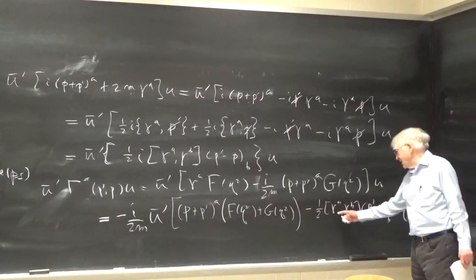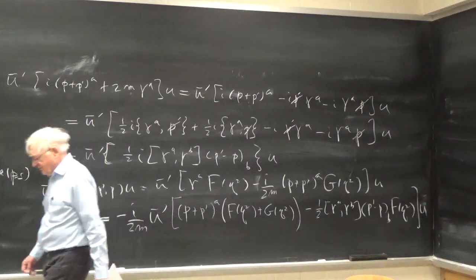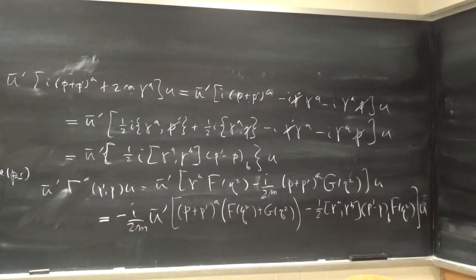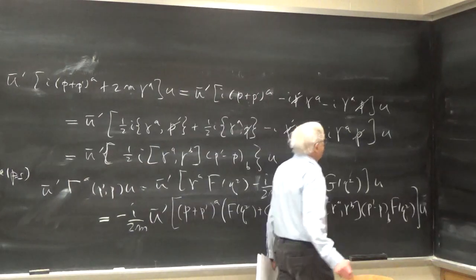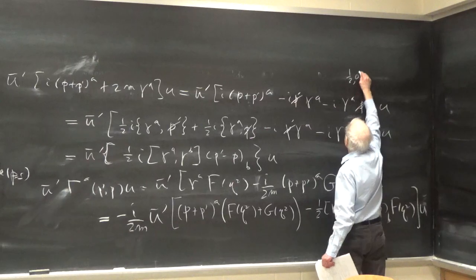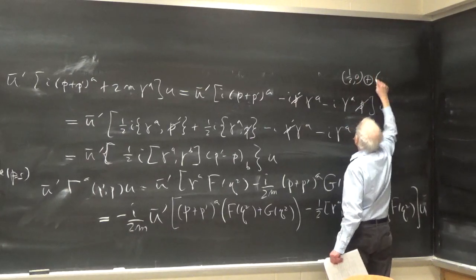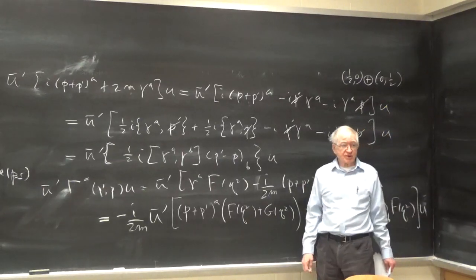Now this commutator of γ^A with γ^B, if you remember from Weinberg's chapter 5, is what the generators of the Lorentz group look like in the Dirac representation, which is the (1/2,0) plus (0,1/2) representation of the Lorentz group.